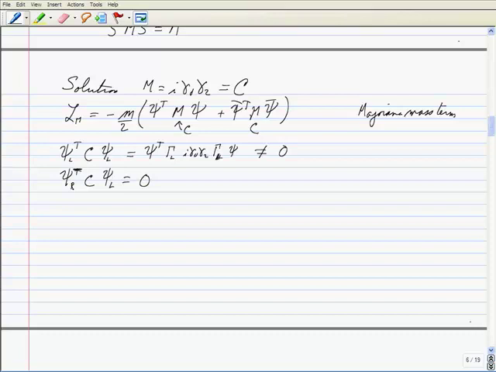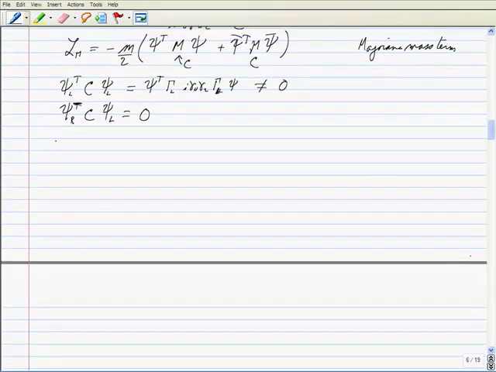Okay. So this looks the reverse of the other mass term. The other mass term connected psi left to psi right. This connects psi left to psi left. So we can have independent mass terms.